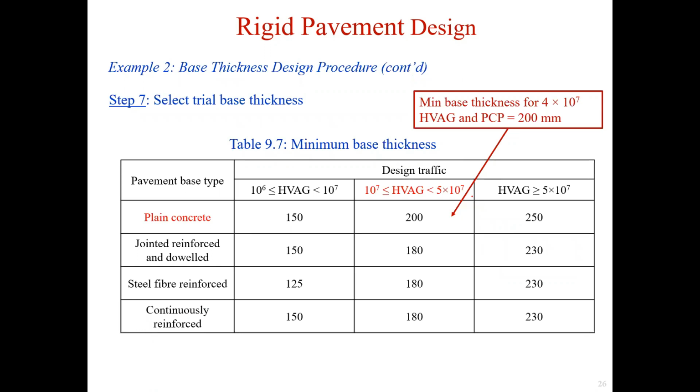Step 7 is to select a trial base thickness from table 9.7. So the minimum thickness for PCP and design traffic of 4 times 10 to the power of 7 HVAG is 200 millimeter.